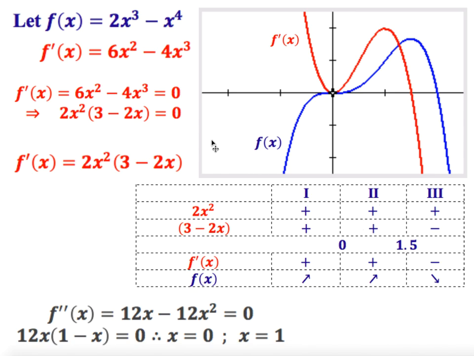And so what if you started to take a look on each side of those critical values to see what the curve itself is doing by using the positive or negative values of the actual derivative? That's what we're talking about here. First of all, 2x squared straight across the board would always be positive regardless of where you are, because anything squared is positive. Let's look to the left of 0.